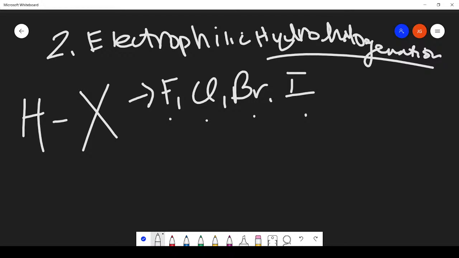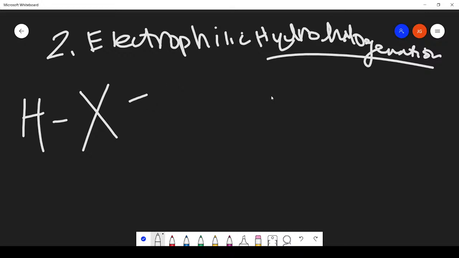Could have made more sense that way. And there's one more, but we're not going to talk about it. It basically doesn't exist in organic chemistry. It's astatine. And we're adding hydrogen to one end of the alkene, basically hydrogen to one end, the halogen to the other. Okay, pretty straightforward.